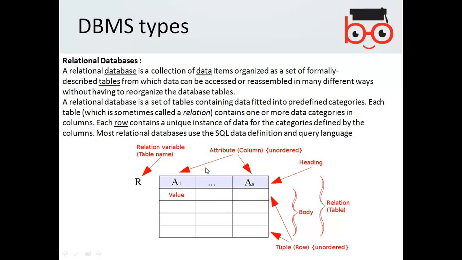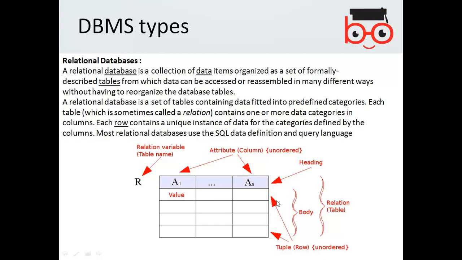The attributes or columns can be unordered. The relation variable is basically the table name. When you say R is a table, and A1, A2, A3, they are the attributes or the columns. They can be unordered. There is no need for them to be ordered. And you can also call it the heading.